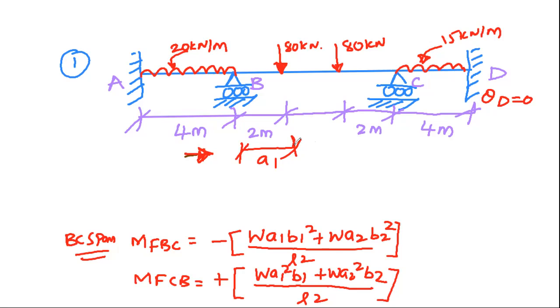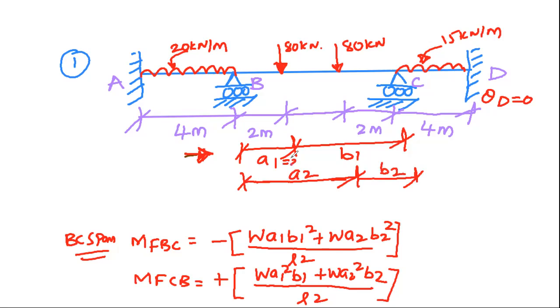Similarly, A2 will become 4 meters and B2 will become 2 meters. So A1 is 2 meters, A2 is 4 meters, B1 is 4 meters and B2 is 2 meters.